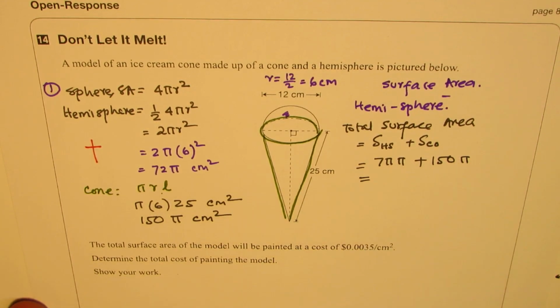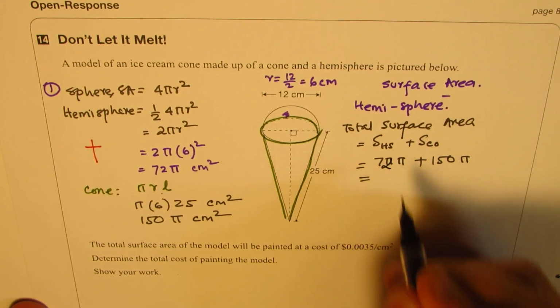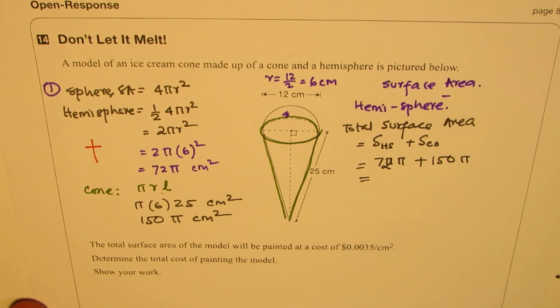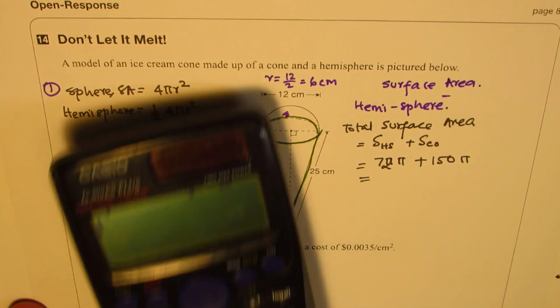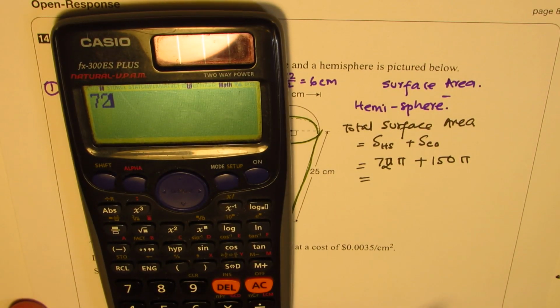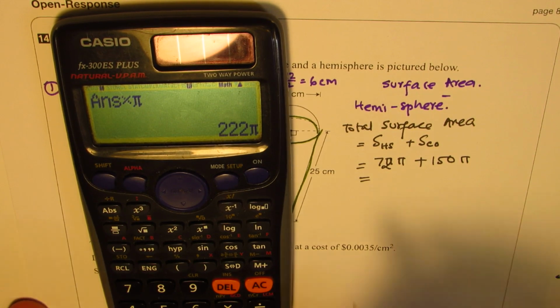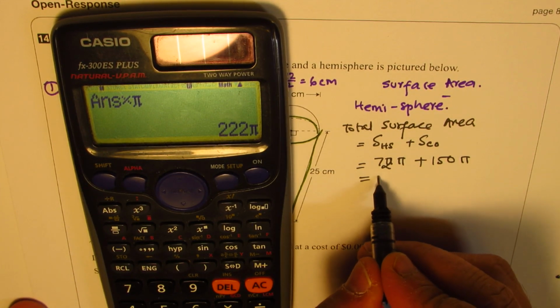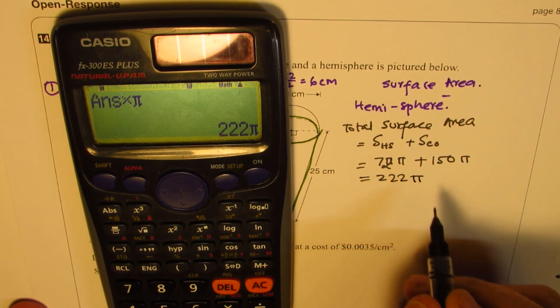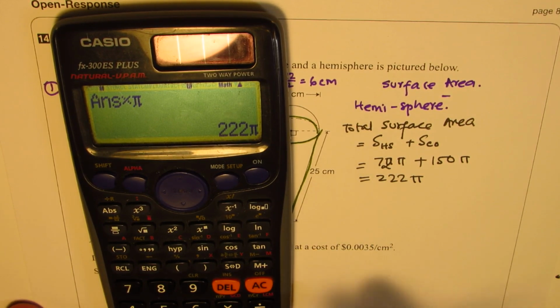So let's add them up. We'll add 72 plus 150 and then multiply by pi, which is 3.14. It gives you 222 pi. So that is the surface area.